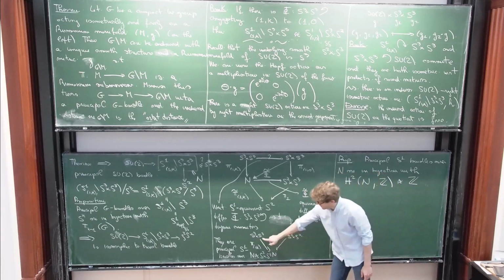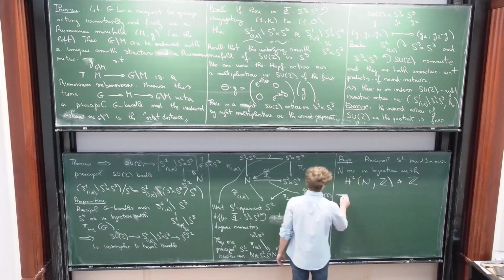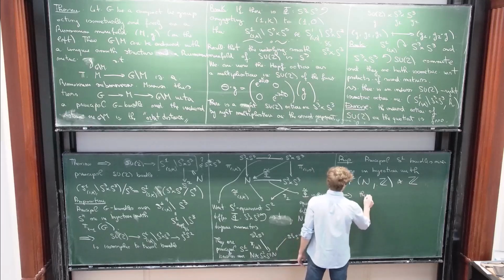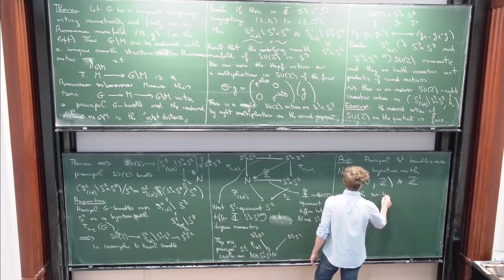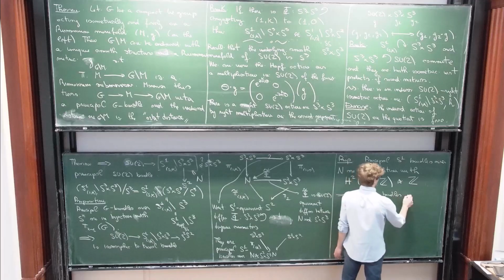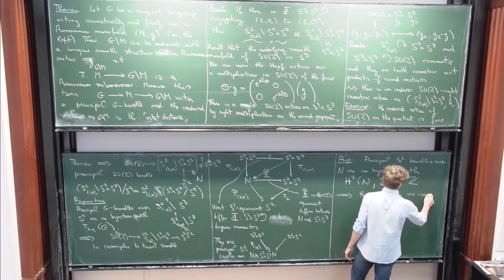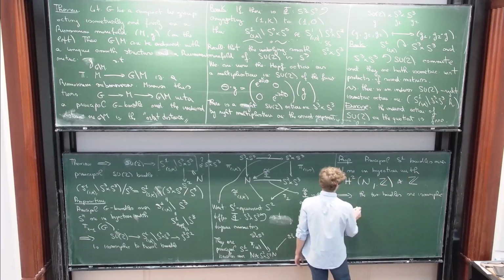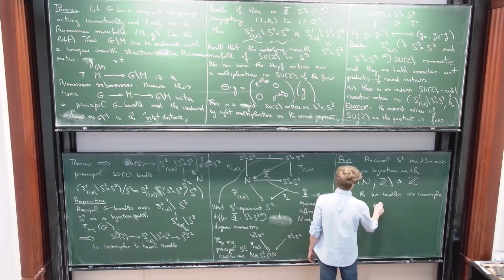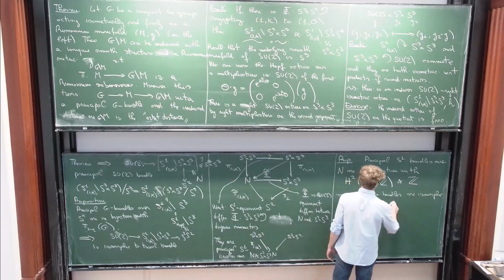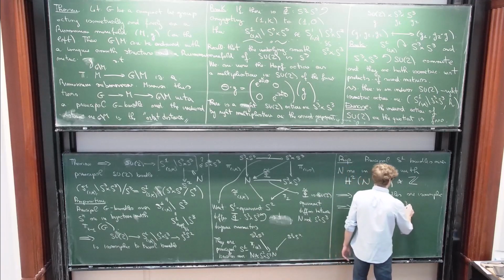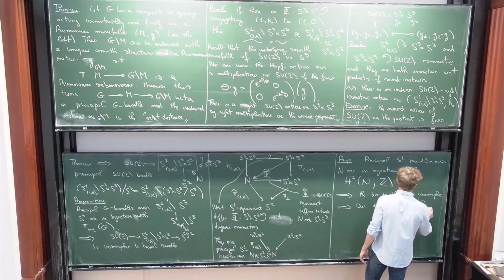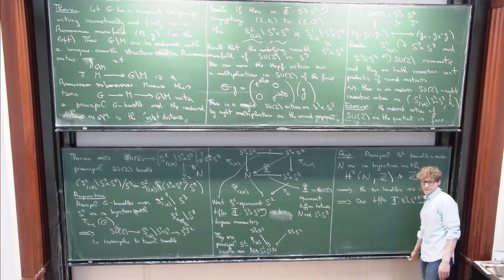The total spaces are simply connected, and this means that the two bundles are isomorphic, which implies that our diffeomorphism phi from S3 times S3 into itself exists. Any questions?